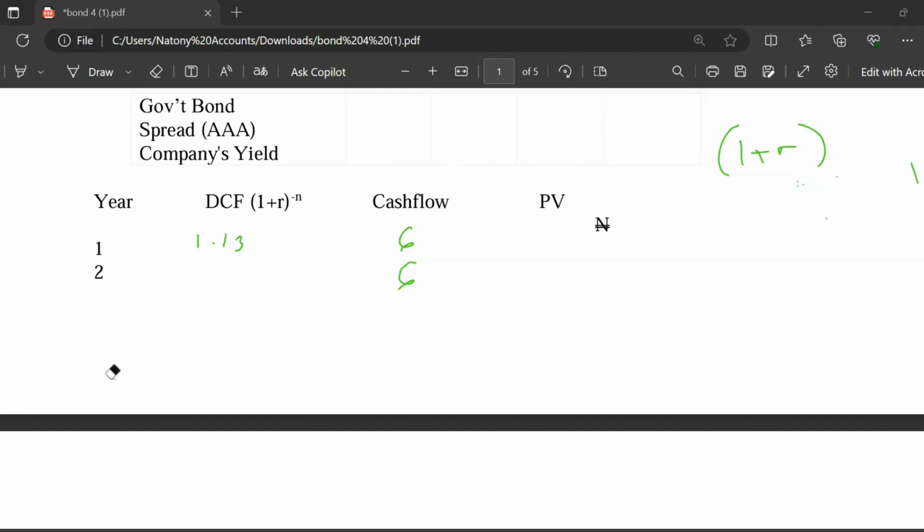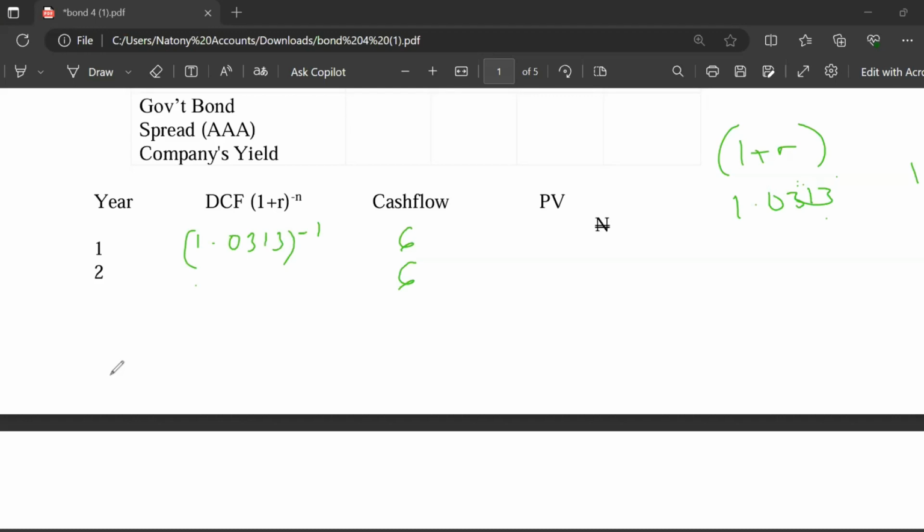So this is supposed to be 1.0313. That's year one, raised to power minus 1.